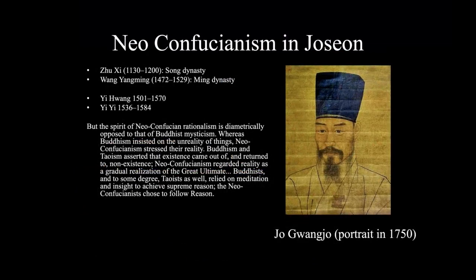So Neo-Confucianism in the Joseon Dynasty is also based on the philosophy of the Ming Dynasty. Ming was established about 30 years before. So here, Neo-Confucianism, this is important, regarded reality as a gradual realization of the great ultimate. And then Confucianism is not escapist.